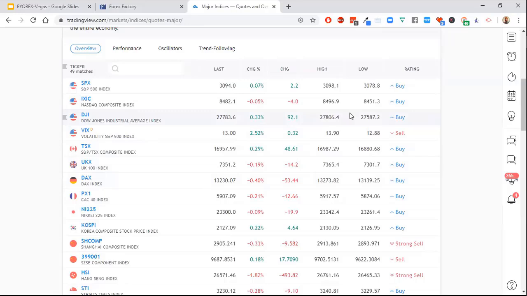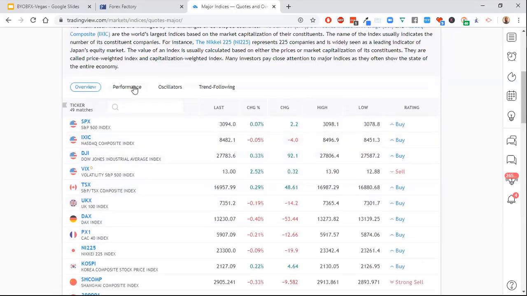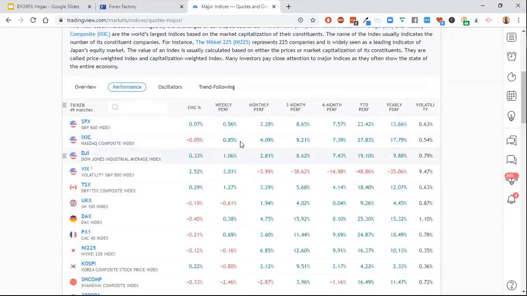It's all really pretty straightforward, so I'm not going to cover everything, but you can go over to performance and you can see how an index has been moving over the course of the year, okay? The previous week, month, 3 months, 6 months. Why is that important? That's giving you the trend, right? If this has been buying all year, then that's giving you the trend. That's what you're going to want to look for is buys, okay?